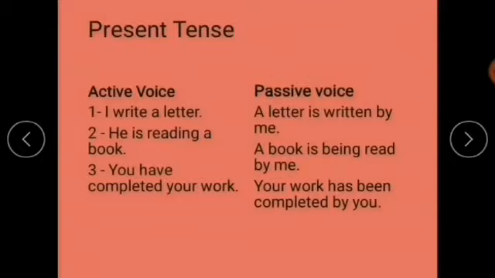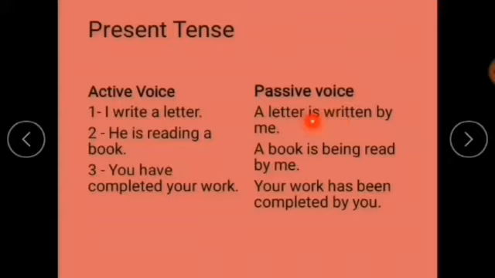Active voice: simple present, present continuous, present perfect. When simple present is changed into passive voice, the passive auxiliary verbs are is, am, and are.